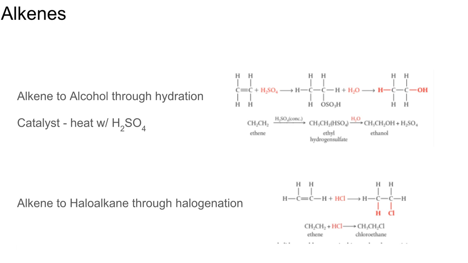We can also go from an alkene to a haloalkane through halogenation through HCl. So we can see the carbon-carbon double bond will be, one of them will receive the hydrogen and one of them will receive the chlorine. Now, just on a side note, it's actually important which carbon gets the hydrogen and which carbon gets the chlorine.